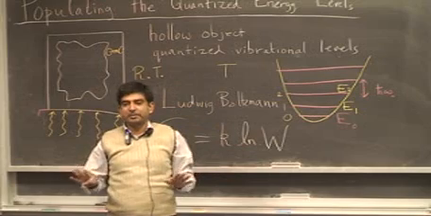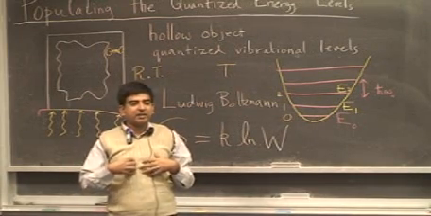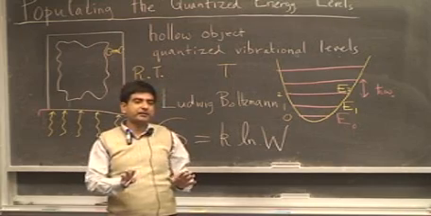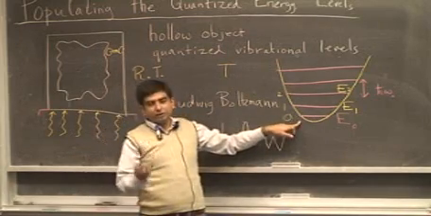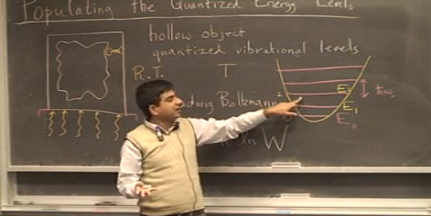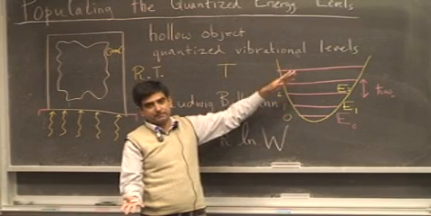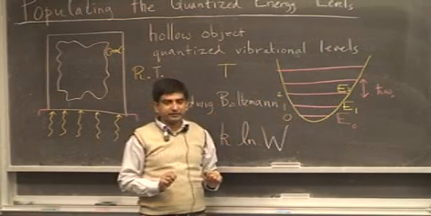We cannot say with 100% certainty in most cases. What we can say is, at best, we can assign probabilities. There's a probability that E0 is populated, a probability that E1 is populated, a probability of occupancy of E2, and so on. So we can only assign probabilities.